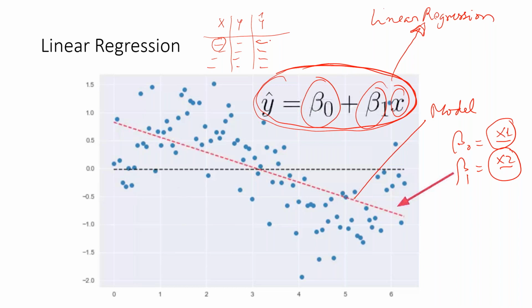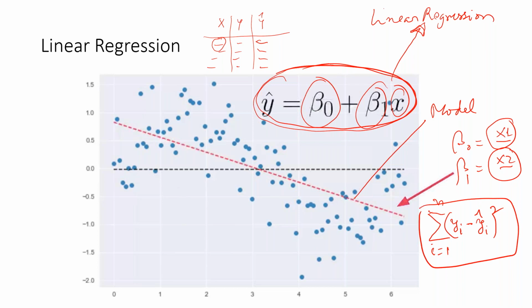For whichever red dotted line, if you look at sigma of i equal to 1 to n, which is 1 to 100 for us, of (yi minus yi hat) squared, this value for the red dotted line will be the minimum. That is what the linear regression algorithm optimizes after reading the data we give it.